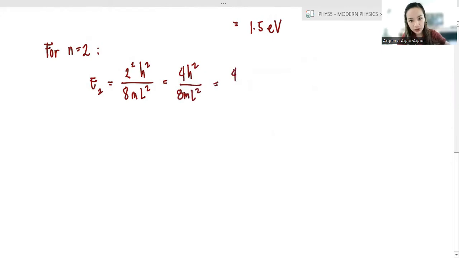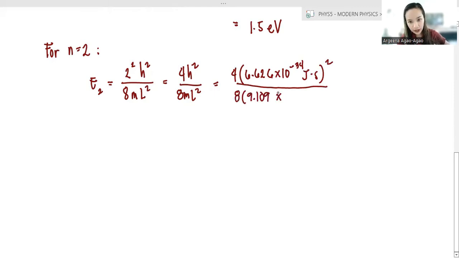Substituting our given values, we have 4 times your Planck's constant, 6.626 times 10 raised to negative 34 joule-seconds squared, divided by 8 times our mass, 9.109 times 10 raised to negative 31 kilograms, and your length, that is equal to 5 times 10 raised to negative 10 meters squared.